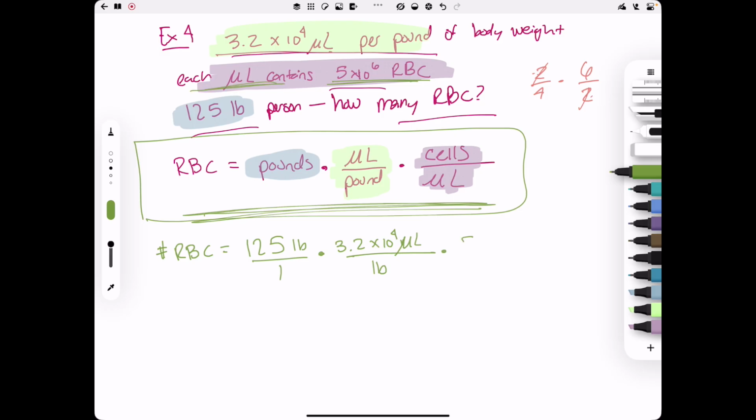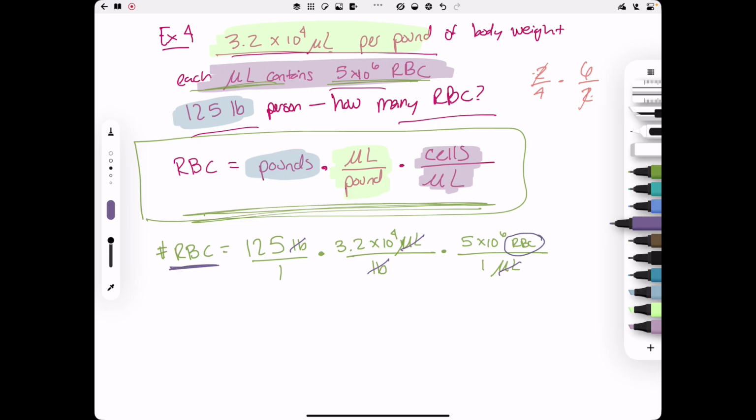So the 5 times 10 to the 6th red blood cells goes on top over 1 microliter. If I just look at the units for a moment, pounds and pounds cancel. Great. Microliters and microliters cancel. Great. I'm left with red blood cells, which is what I wanted.